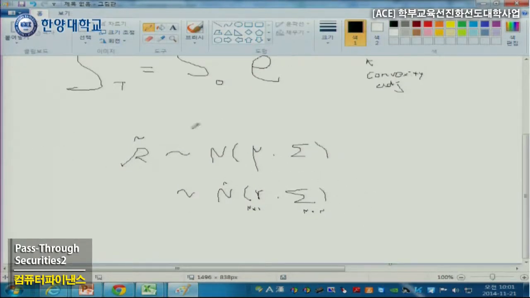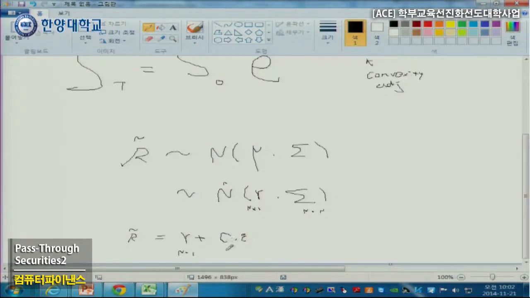Then the question is how we can simulate this. In order to simulate it, we can simulate R plus C multiplied by epsilon. Here, R is the same, n by 1.